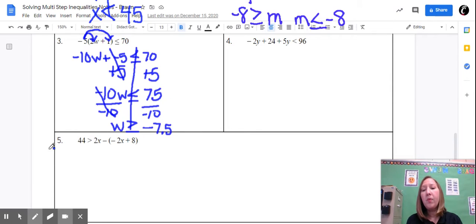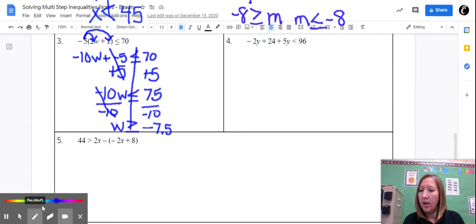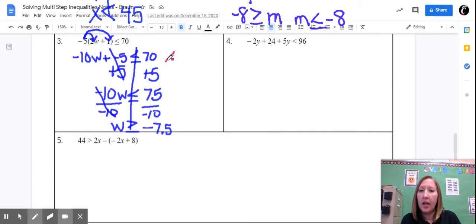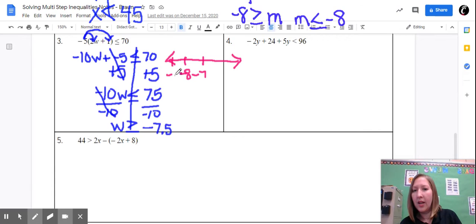All right, so I do want to graph this on a number line. And again, I don't need to add a ton of numbers, but I do want to show my number here. So I'm going to put negative 7 here. I'm going to put negative 8, negative 9, and negative 6.